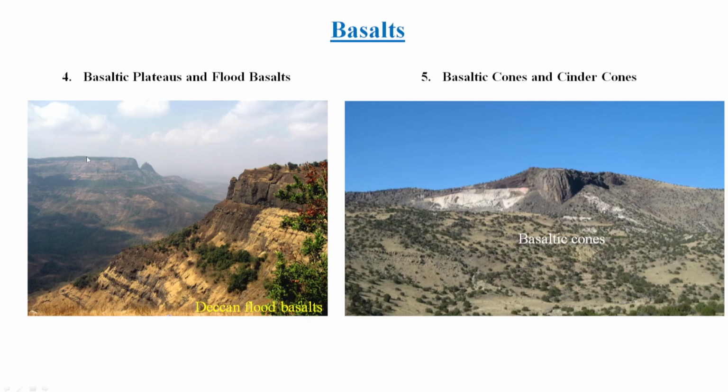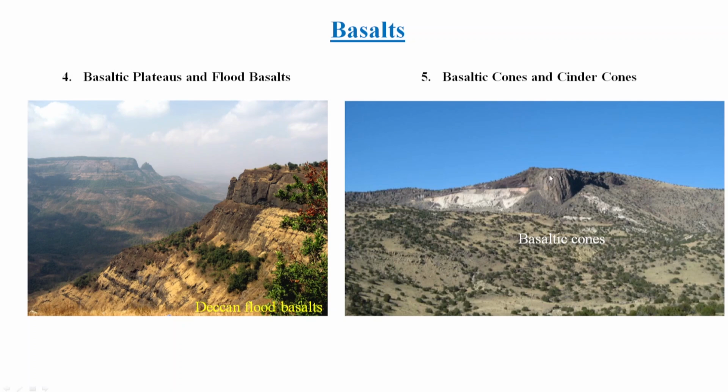You will get to see these basaltic plateaus, which are evidence of large scale continental basalt outpour at around 65 million years ago. And the fifth mode of occurrence of basalt is basaltic cones and cinder cones.